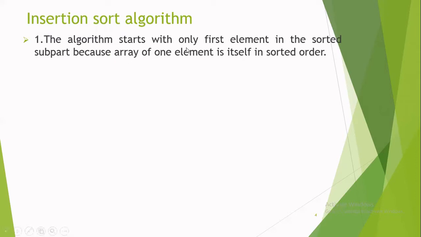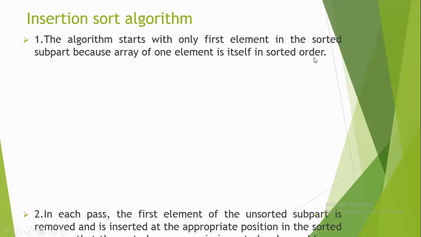The algorithm starts with only one element in the sorted part because we know that a list with only one element will always be a sorted one. So the algorithm starts with only the first element in the sorted subpart because an array of one element is itself in sorted order.